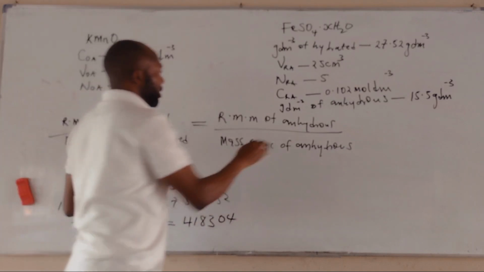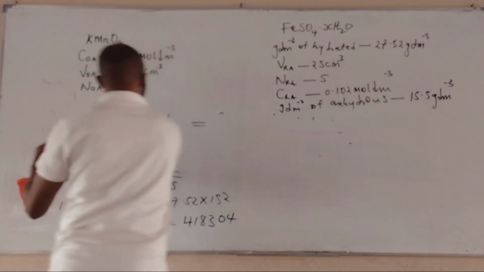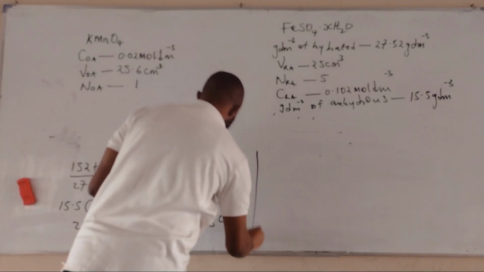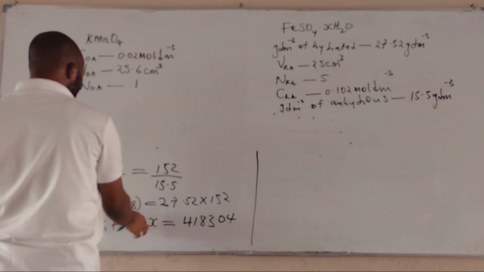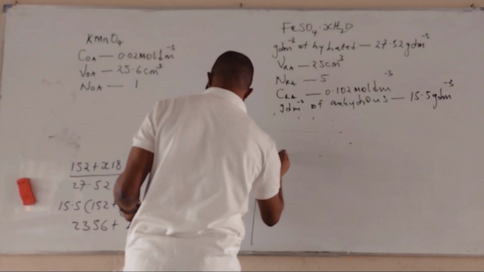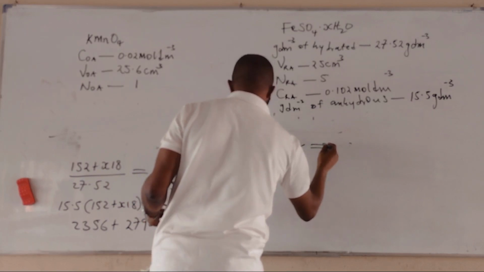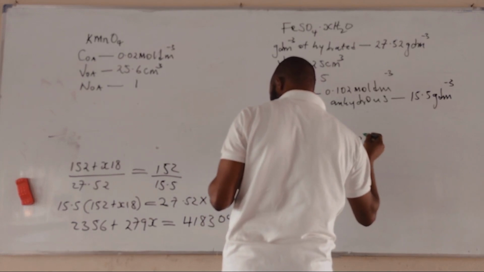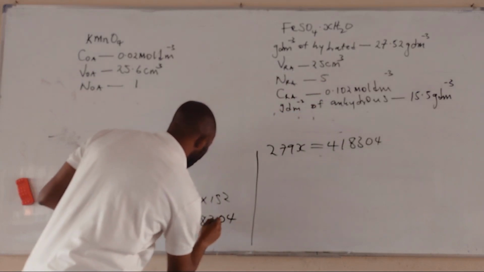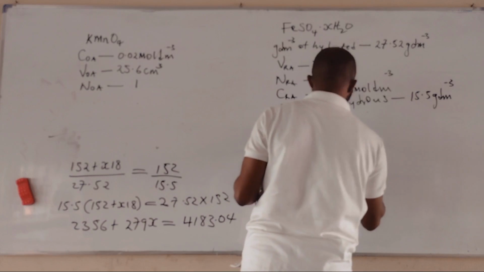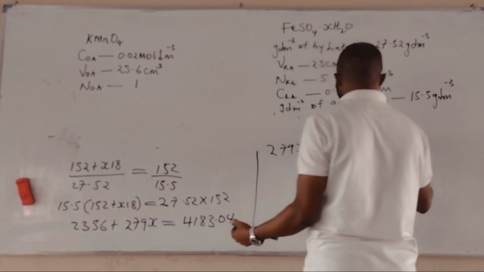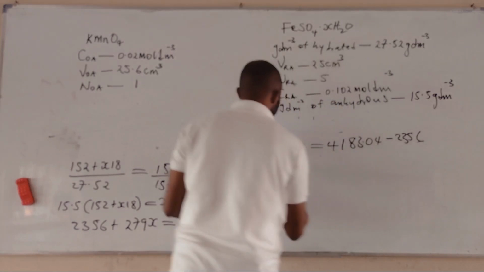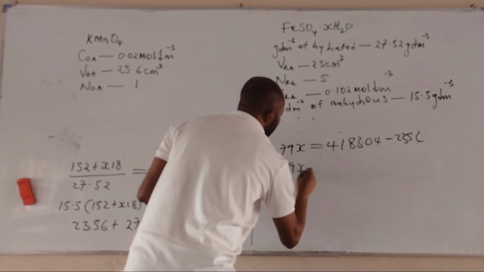Now I want to make this the subject. So I have 279X is equal to 4183.04 minus 2356.